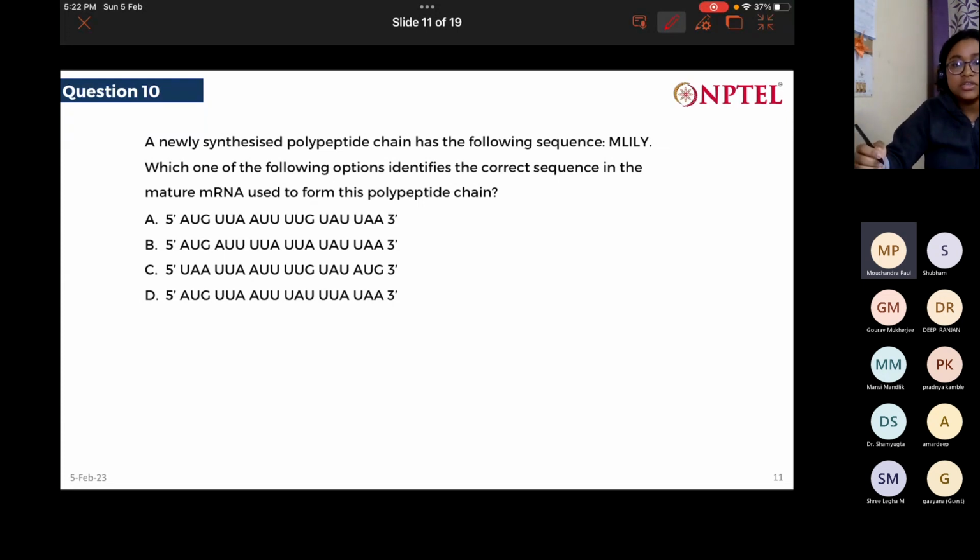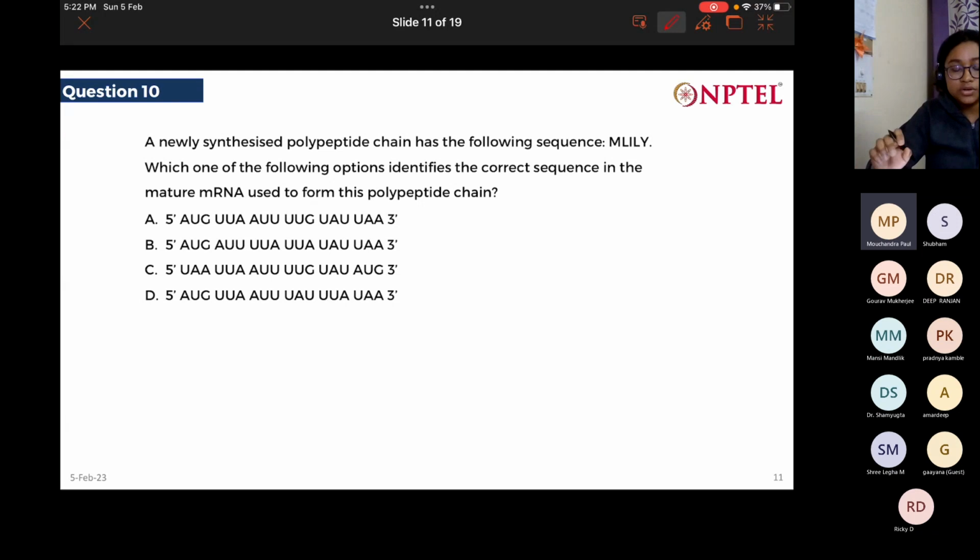For this question, we will need to refer to the list of the amino acids, and also the 3-letter word used for each amino acid, like glutamine is written as GLN, and also the 1-letter word. This website will help you get the entire list, and you will need to know how many codons code for a particular amino acid. Using that information, you can easily solve this question. So have a look and try it yourself.